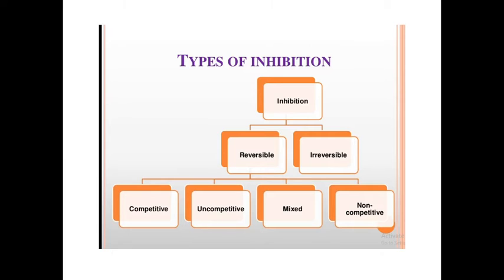There are different kinds of inhibitions that you have to learn in the reversible type. In the reversible type, first is competitive, then uncompetitive and non-competitive. This is given in your textbook, and there are other types of inhibitions also, but competitive, uncompetitive and non-competitive is the basic thing.